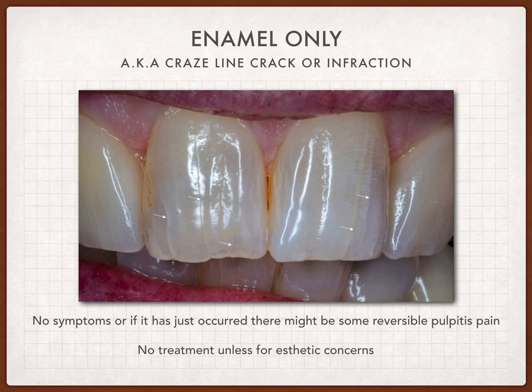Is it possible to have a vertical fracture of the enamel in the coronal plane? Yes, it is possible, but mostly we will have it in the sagittal plane. Anyway, this fracture is also known as a craze line or infraction. Infraction is the craze line that is specifically caused by trauma.